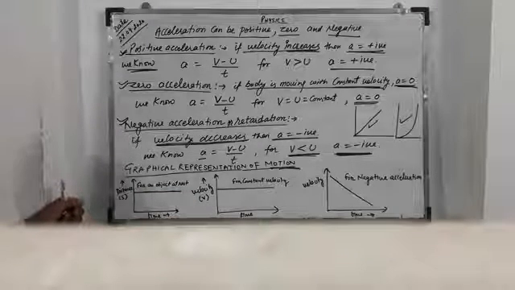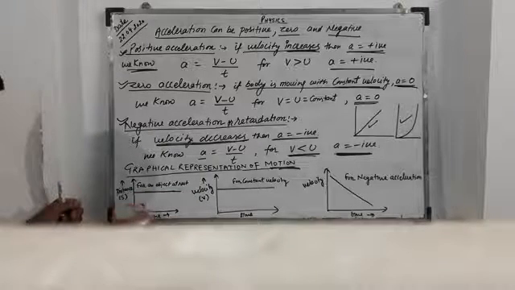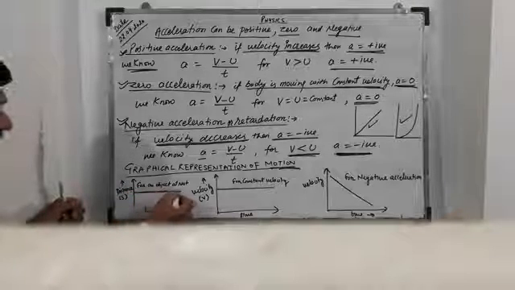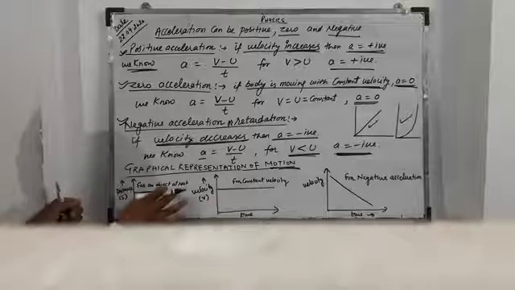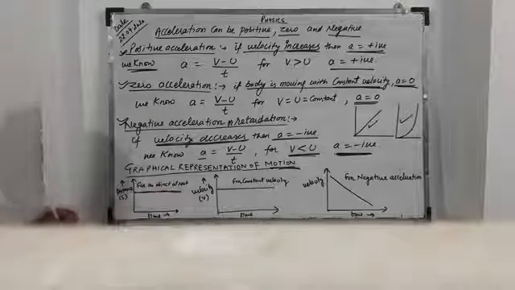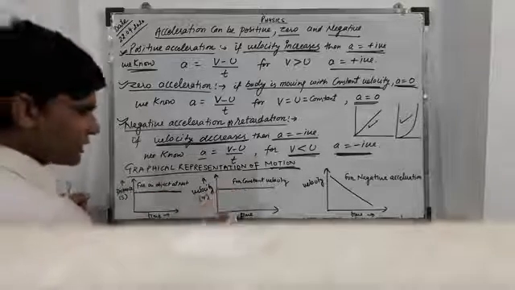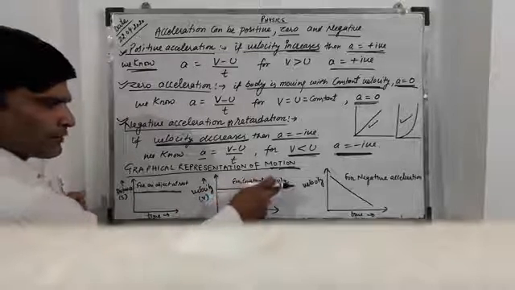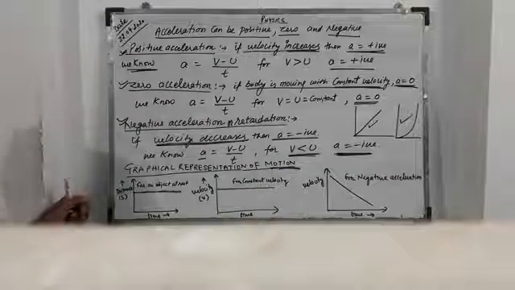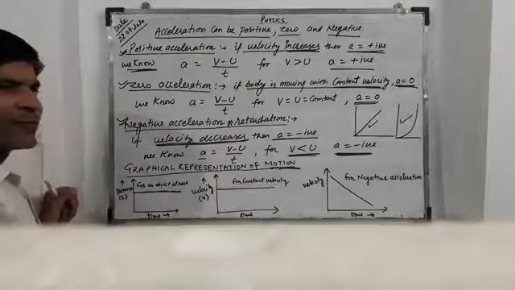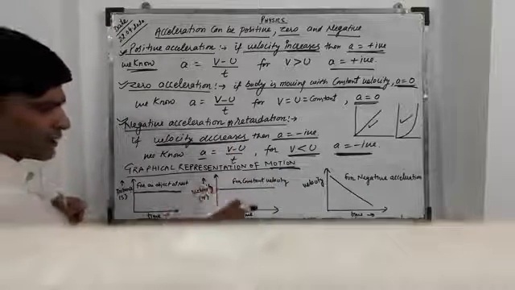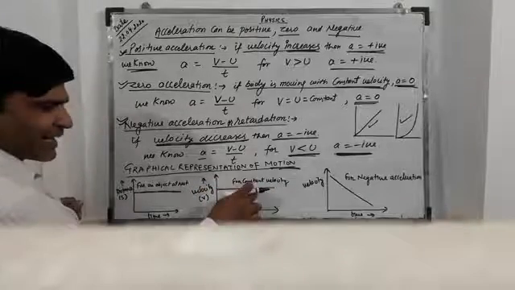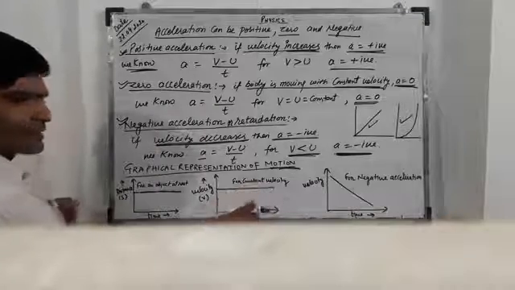If an object is at rest, then the distance-time graph is a straight line parallel to the time axis. Another is the velocity-time graph for a body moving with constant or uniform velocity. Then the velocity-time graph is a straight line parallel to the time axis.